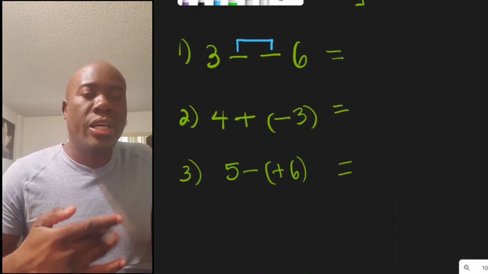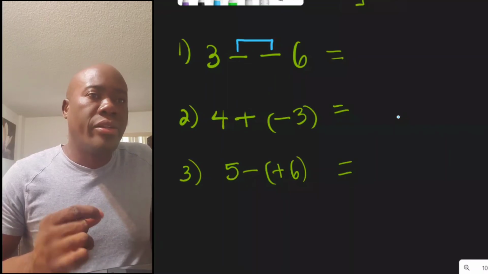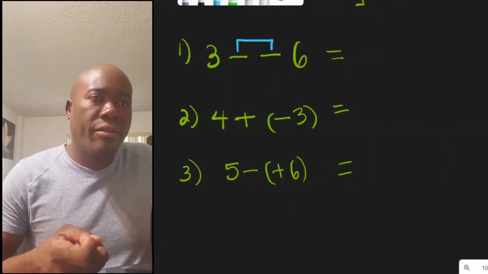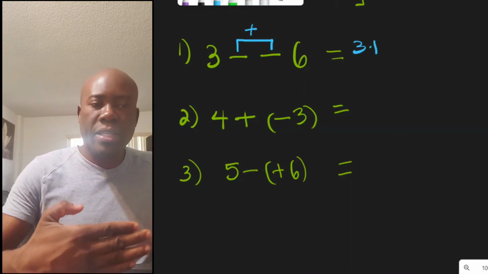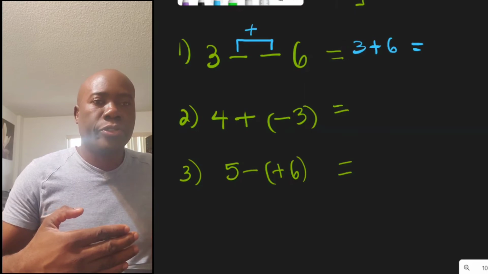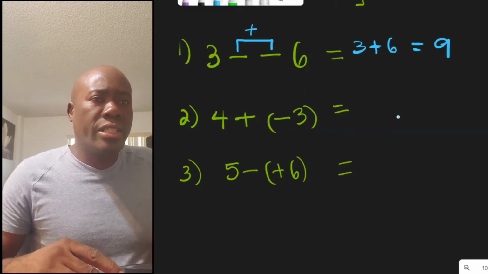A negative and a negative being multiplied would give a plus. So if we rewrite this, you're having 3 plus 6, and that will give 9. This is one of those special cases that I'm referring to. All right, let's continue here.